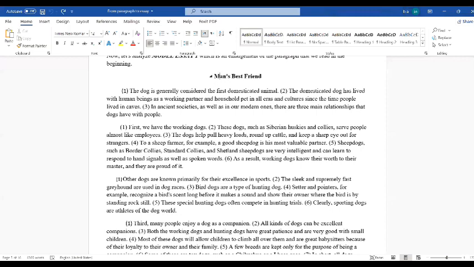Why do we have M as capital, B as capital, and F as capital letter? Because if we have nouns, adjectives, verbs, and adverbs in the title, we make the first letter of each of them a capital letter.